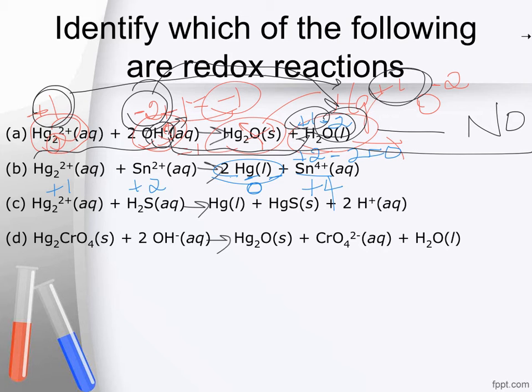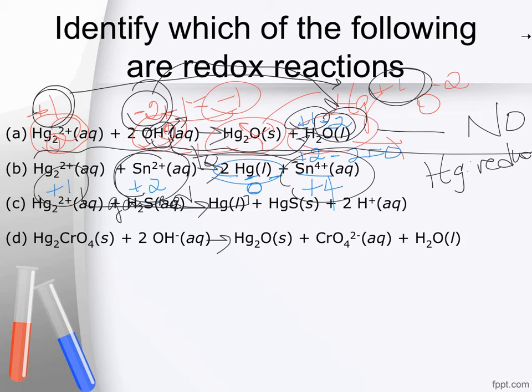So now let's see if this is a redox reaction. Mercury is going from +1 to 0. It has changed, and it has gained an electron. So mercury has been reduced, gain electron, reduction. All right, what's been oxidized? All we have left is tin. It's gone from +2 to +4.